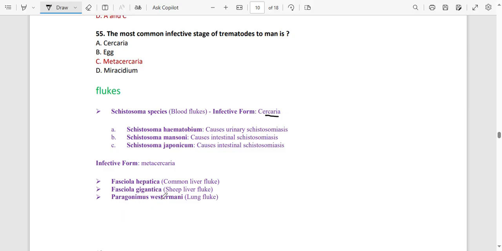Fasciola gigantica, they've put for them in the lecture notes sheep liver fluke. And then Paragonimus westermani is a lung fluke. All these infections are by metacercaria. So most of them is a metacercaria except the Schistosoma.